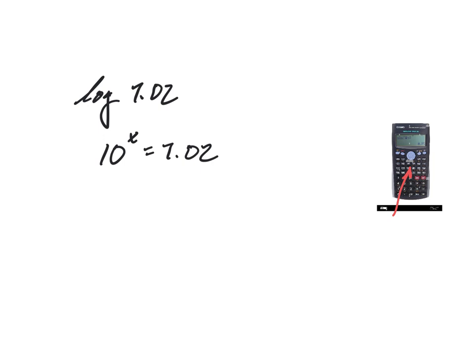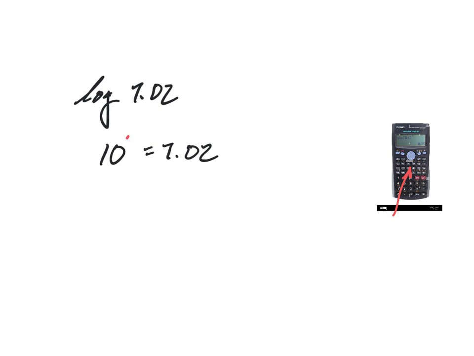Okay, so if we had a 2 up here for x, that would give me 100. What if I had a 1 up here for x? Well, 10 to the first power is 10. So if we're trying to figure out what number we want to put on 10 that's going to give me a number like 7.02, it's going to be a number less than 1, because 1 gives me 10. So that just gives you an idea that the number that's going to have to go up here is going to have to be less than 1.